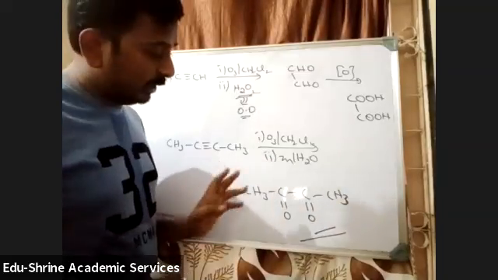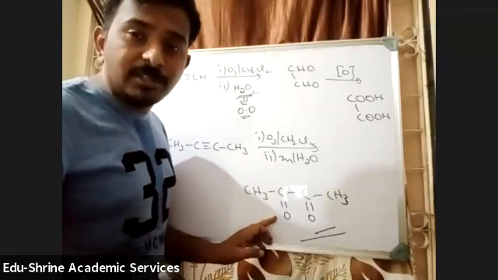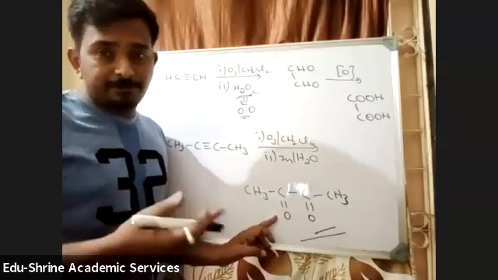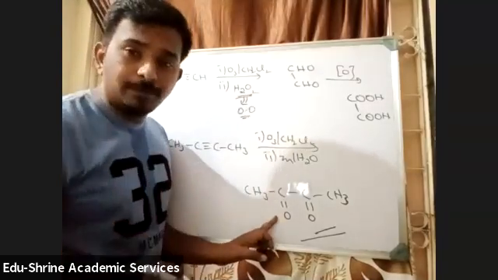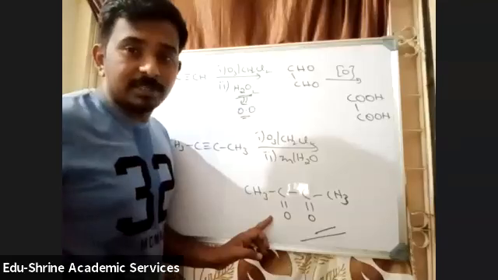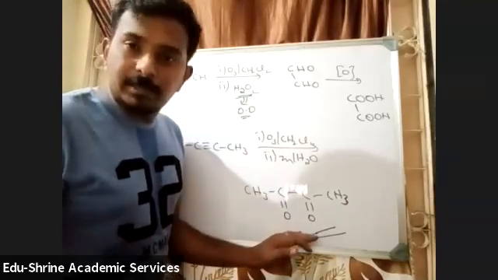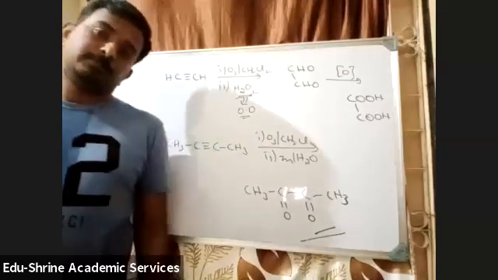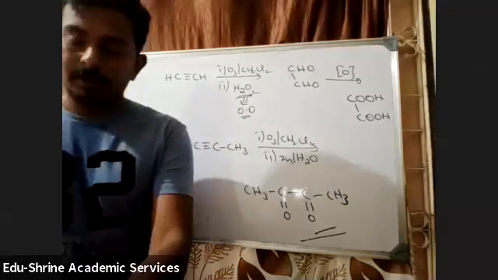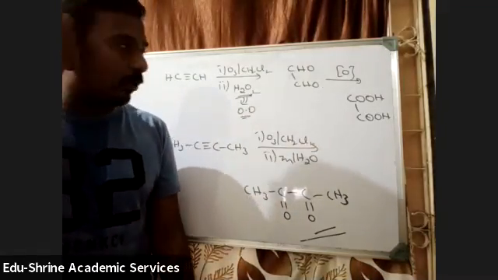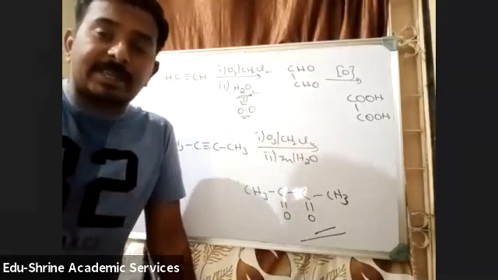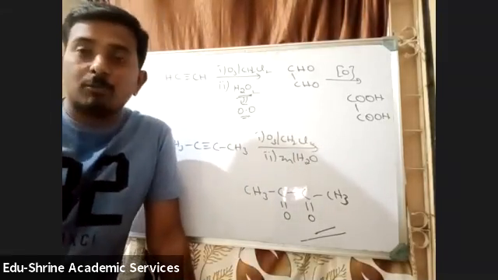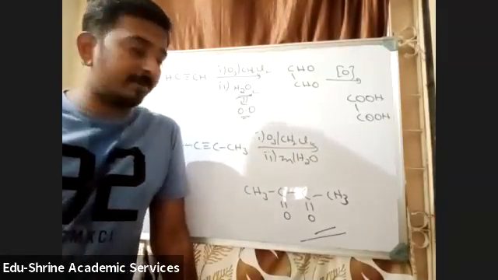Will this undergo oxidative ozonolysis, students? If it is given as H2O2, will this undergo further oxidation? No. The reaction will stop here, because both are keto groups only. So this is how ozonolysis takes place in the case of alkynes.